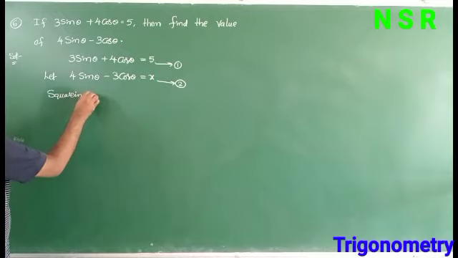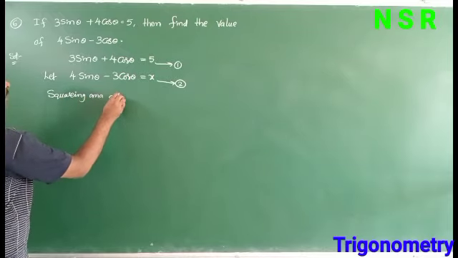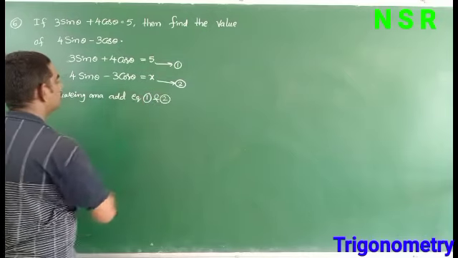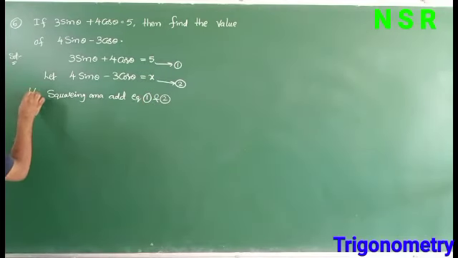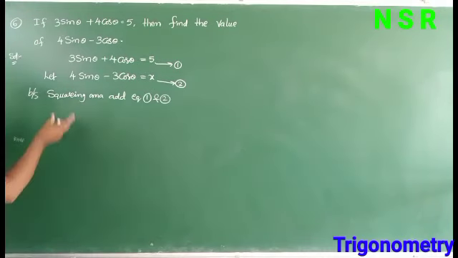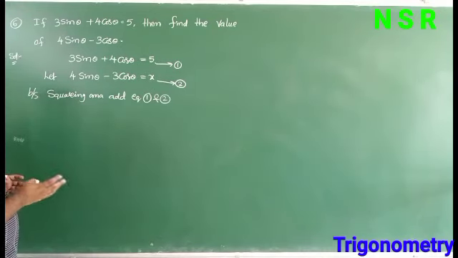Squaring and add equation 1 and 2 both sides. So equation 1 and 2, left side values square and add, and right side values also square and add.